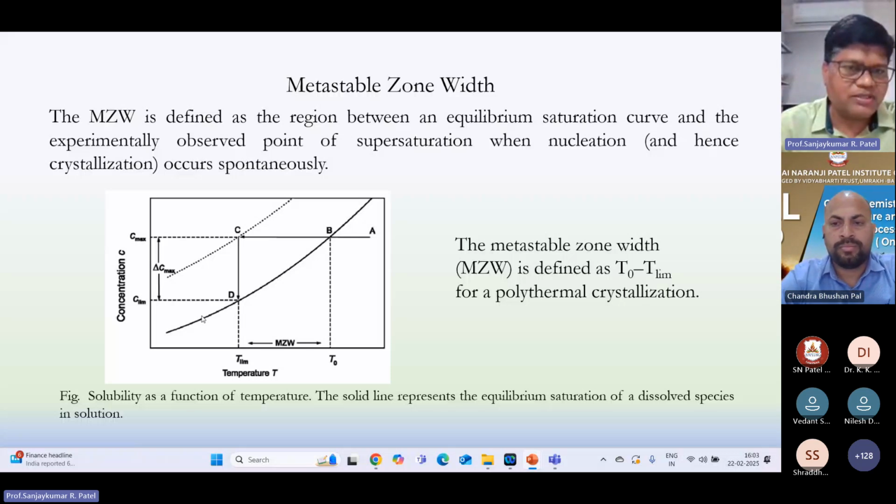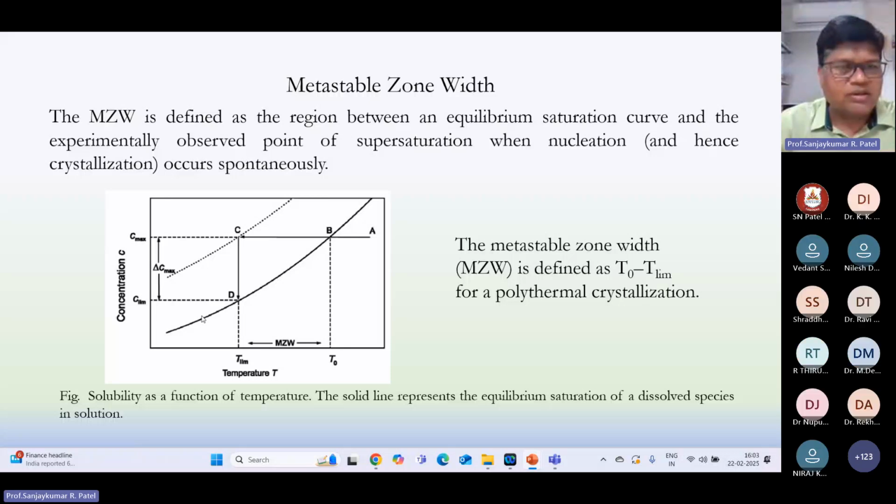So this is the concentration in the supersaturation region at which the clustering becomes a detectable size, meaning the nuclei is formed at this concentration level. Basically the metastable zone width is nothing but the difference between the concentration of the solubility limit and the creation of the nucleation.